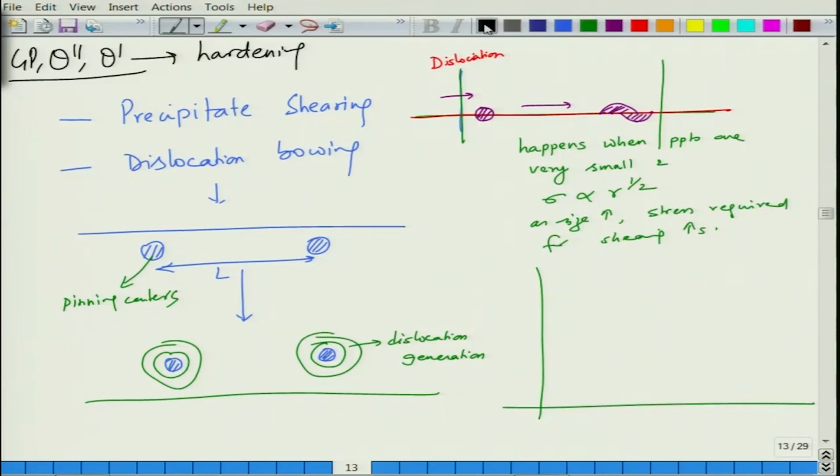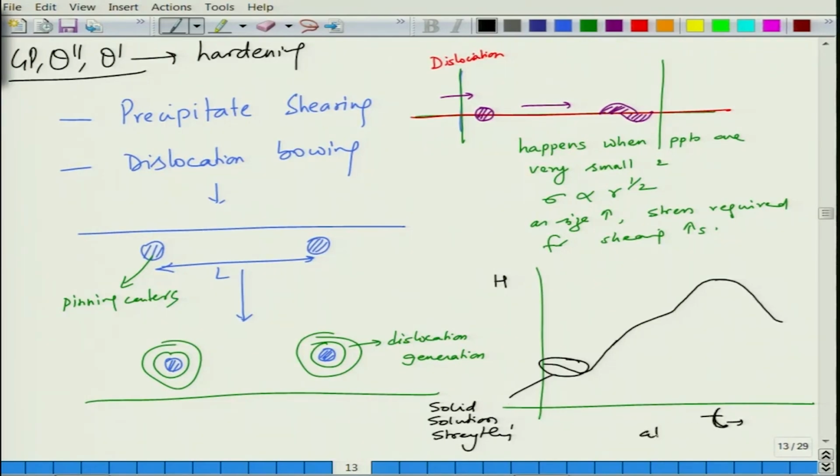So as a result, there is a curve which one can draw for hardness. You have solid solution strengthening to begin with, and then you have this GP zone, then you have theta double prime, and so on and so forth. So in the beginning, this earlier stage is essentially solid solution strengthening. So this is, let us say, hardness H, and this is time at, let us say, 150 degree centigrade.